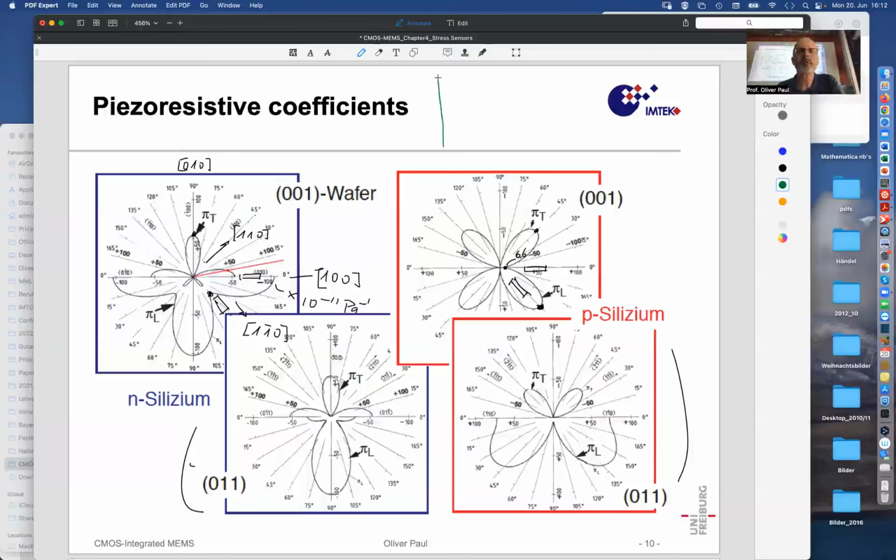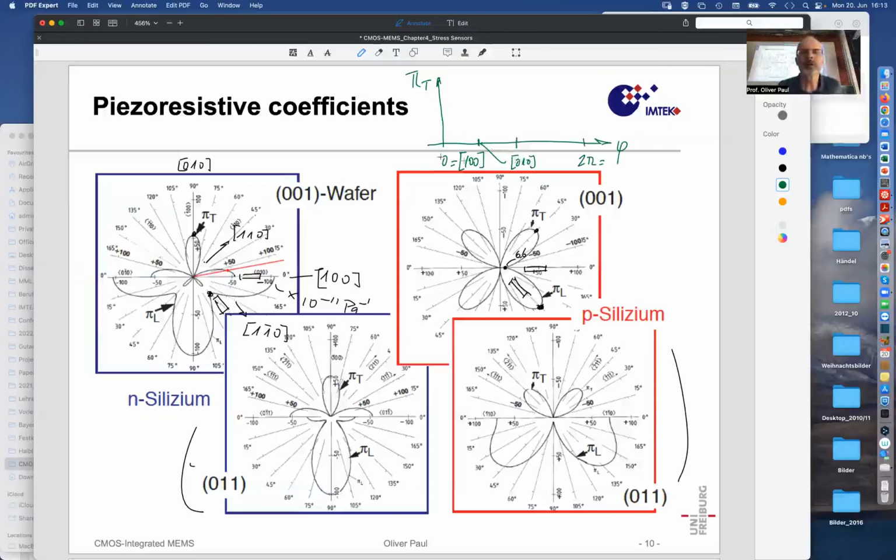So I'm drawing an axis here with pi t, and then the axis phi, which will go from 0 degrees to 2 pi, and this 0 is equal to the 100 direction, and this is again 100, and in between we have minus 100, and then in between here at 90 degrees we have the direction 010.